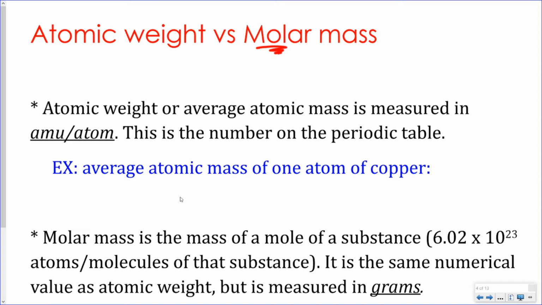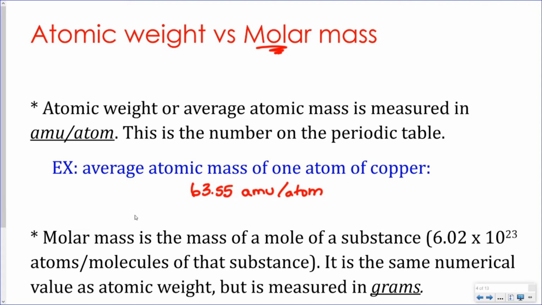It's number 29, and it tells us its average atomic mass is 63.55. That's the number at the top right. And the unit here would be AMU per atom. So each atom would have a mass of 63.55 atomic mass units.